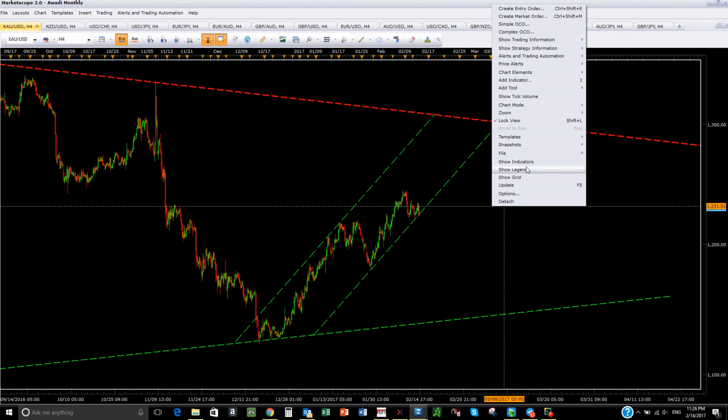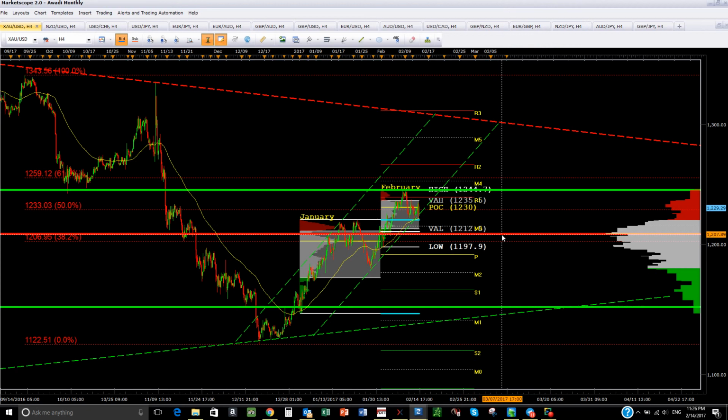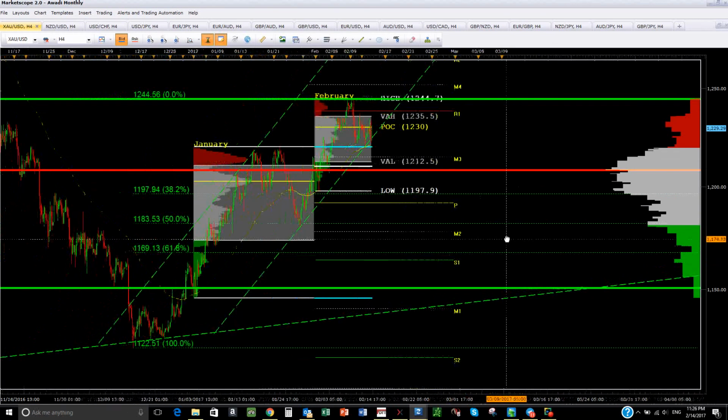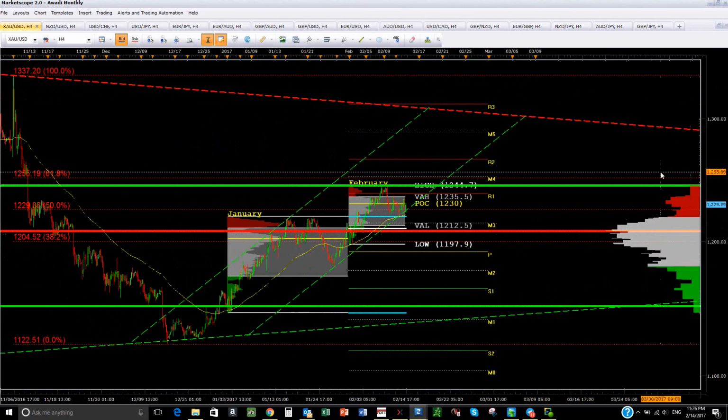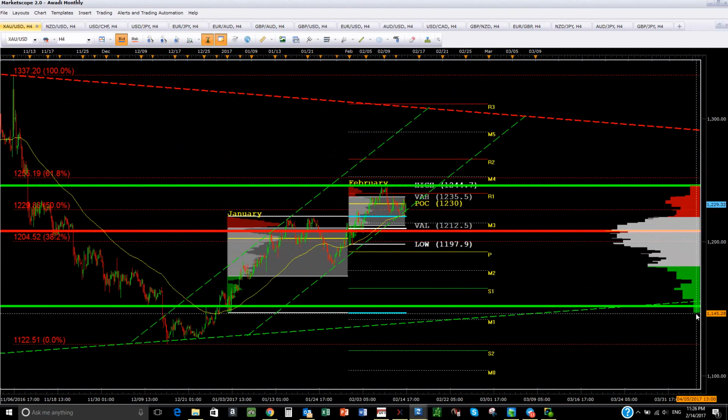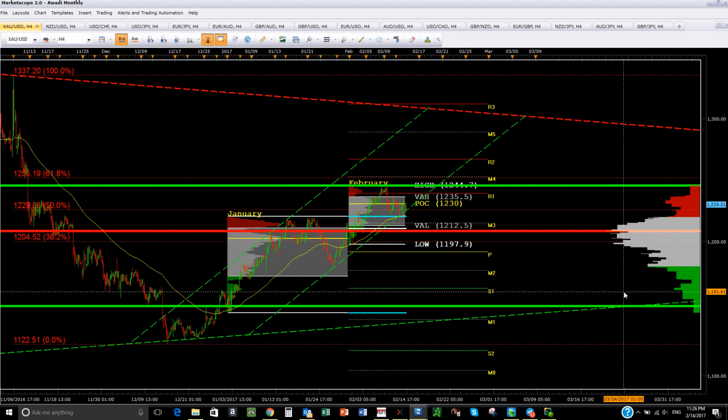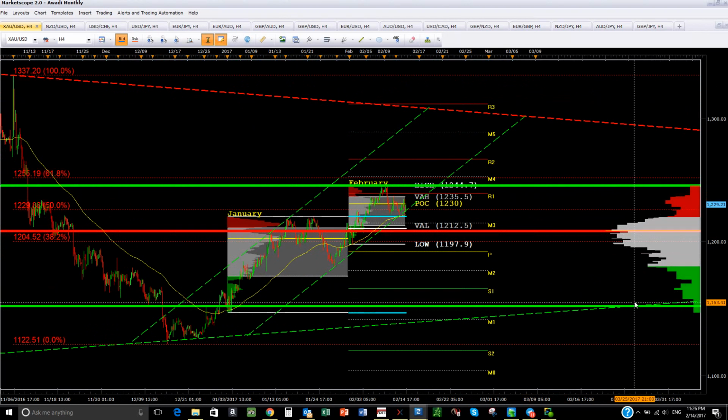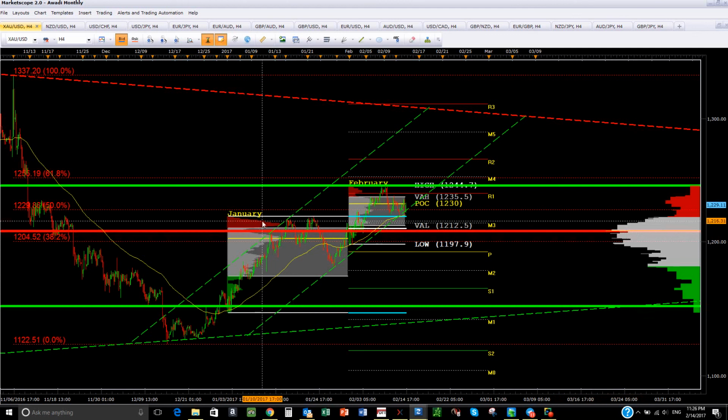So if I right click and show indicator, in FXEM, the volume profile on the right shows the volume profile since the beginning of 2017 until now, and it really shows me the major lines acting as support and resistance. For example, this point is called the point of control. It shows me the area where the price has consolidation or a sideways range.